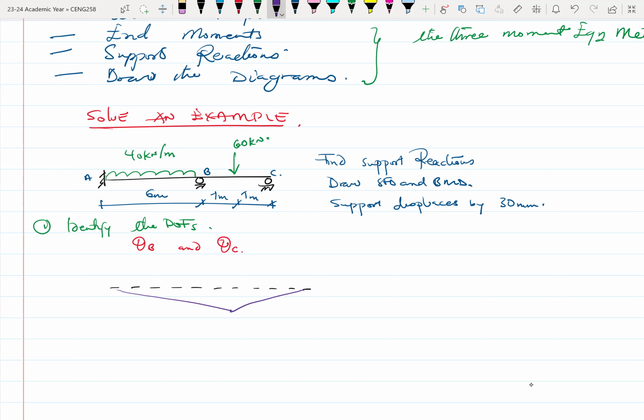This is A, B, and C. Support A is here, support C is down here, and support B has displaced by 30 millimeters. So we know what our displacement is.